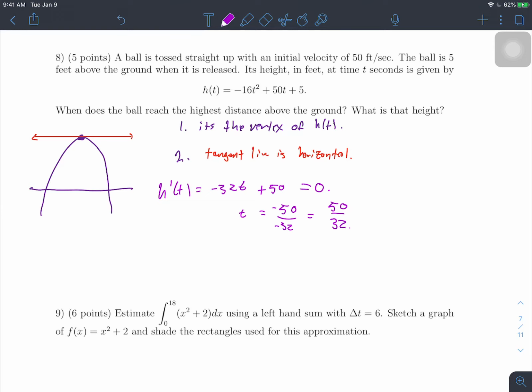If we want to know the height that we reach at that particular time, we should take this time and plug it into the original height function. So h of 50 over 32 seconds should be negative 16 times (50 over 32) squared plus 50 times 50 over 32 plus 5, and that's going to be measured in feet.